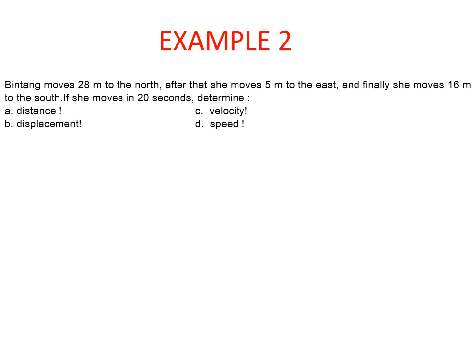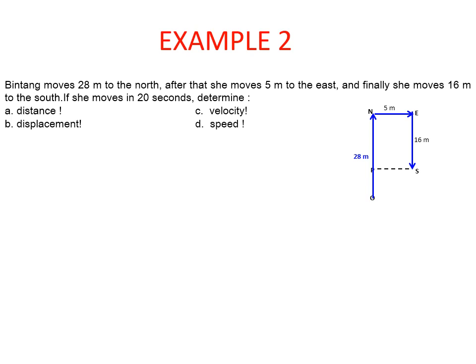To understand distance and displacement, first we have to draw the path taken by Bintang. The path is shown by the blue arrow: 28 meters to the north, 5 meters to the east, and 16 meters to the south.